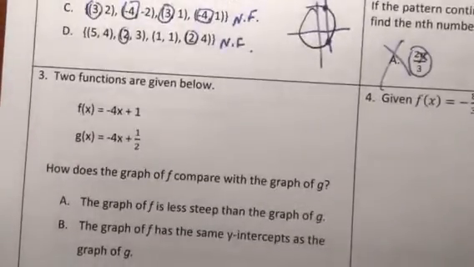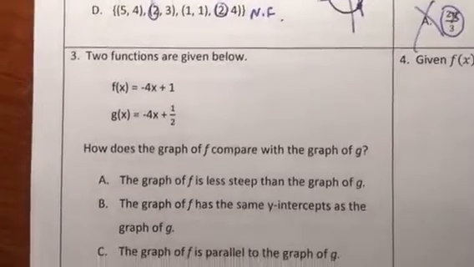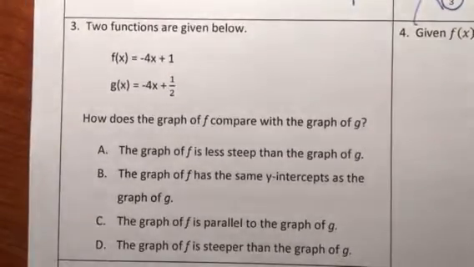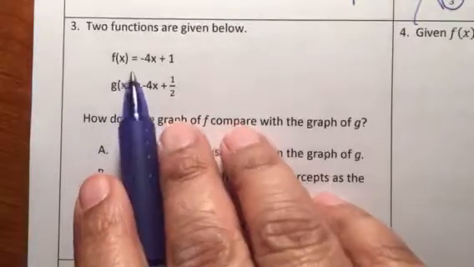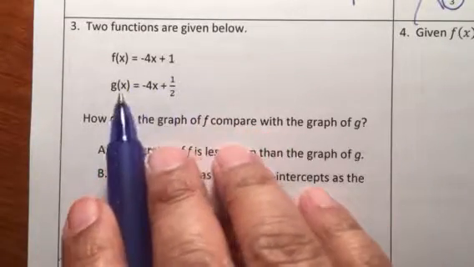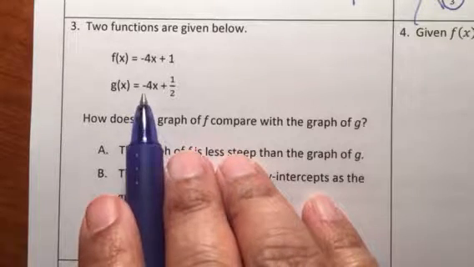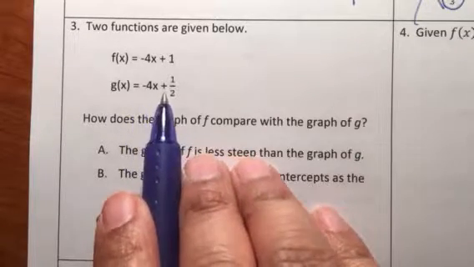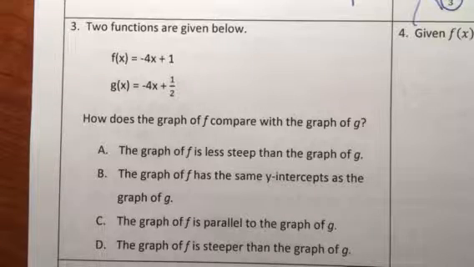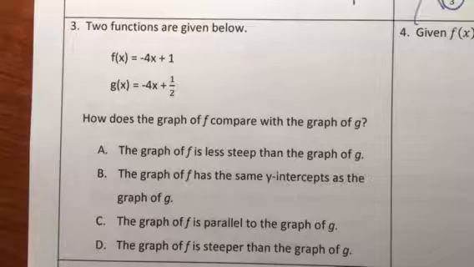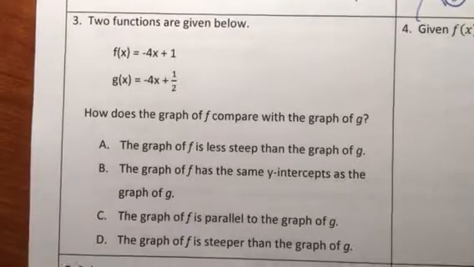Number 3. So you have 2 functions given below. f of x equals 1/4 x plus 1, and g of x equals -4x plus 1/2. Okay, so what we're doing on this is we're comparing the 2 graphs.